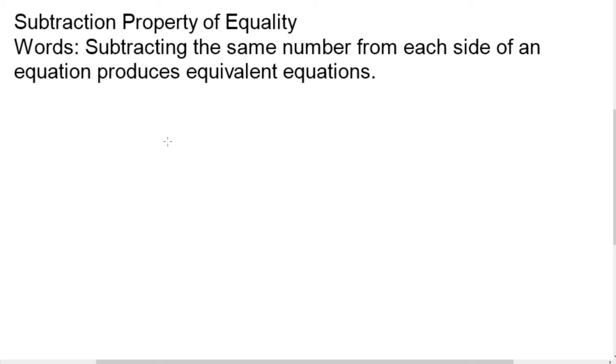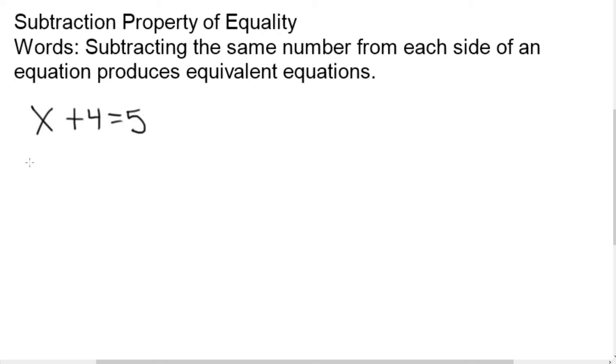The subtraction property of equality is as follows. In words, it means subtracting the same number from each side of an equation produces equivalent equations. So using numbers, that means if I take x plus 4 equals 5.